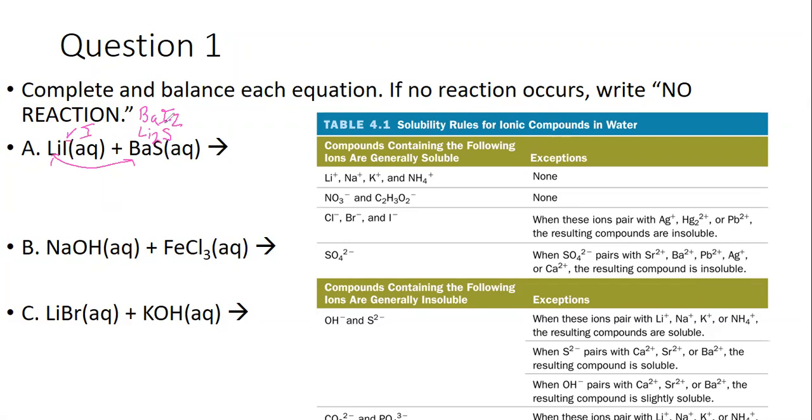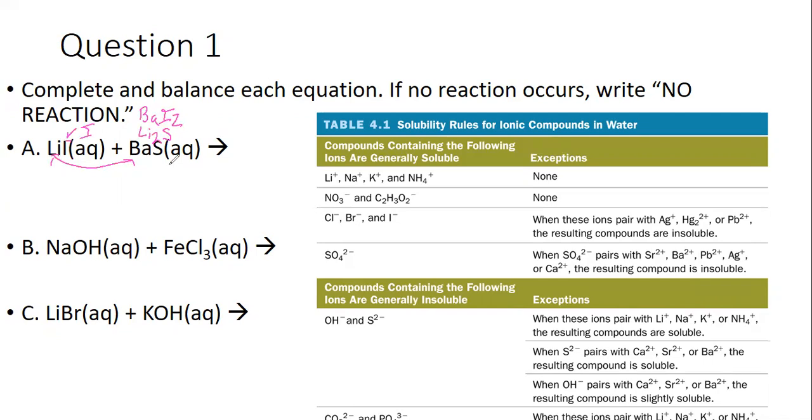And that goes back to the idea of looking at the periodic table and figuring out what the charges of atoms are, what the charges of our metals are. If that is still confusing for you, go back to that discussion we had in the past. Again, email me and I can give you more example problems on how to determine what the charges of an atom are from the periodic table. But again, we talked about that, so I'm not going to spend too much time reviewing that right now.